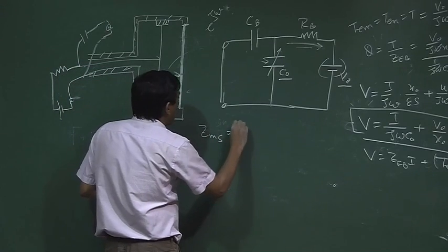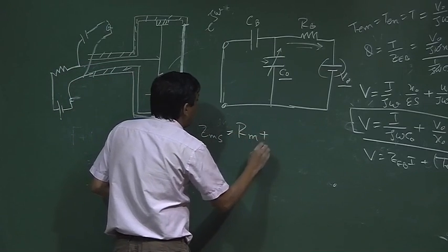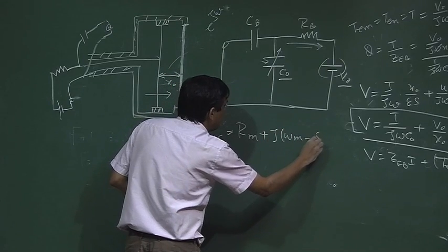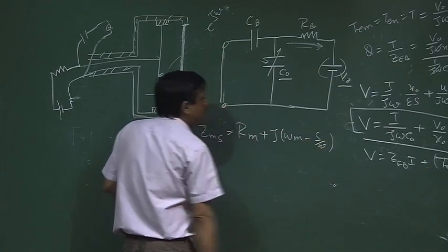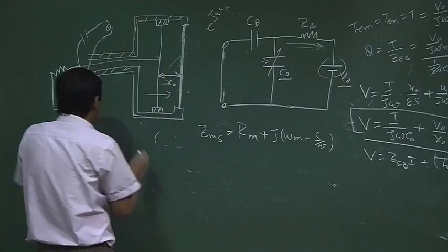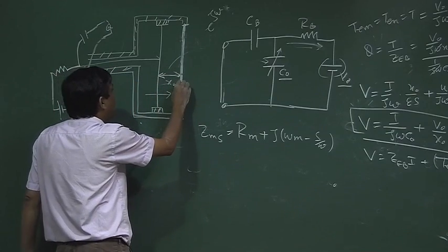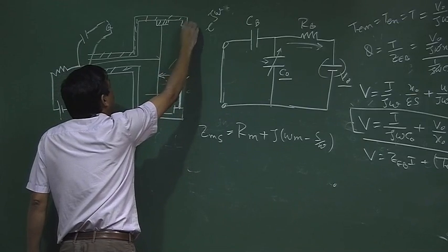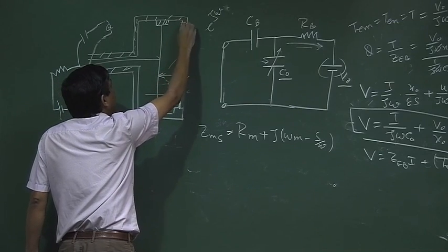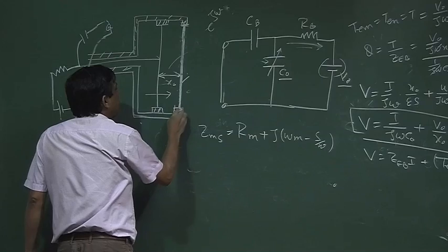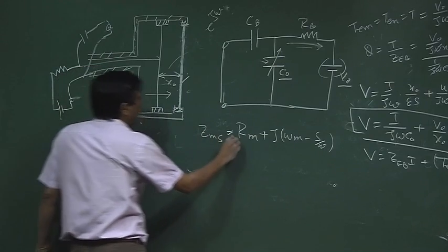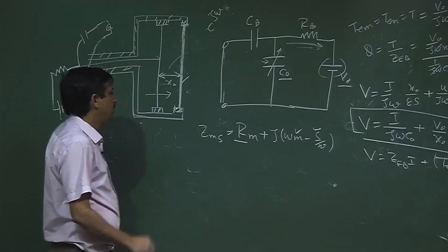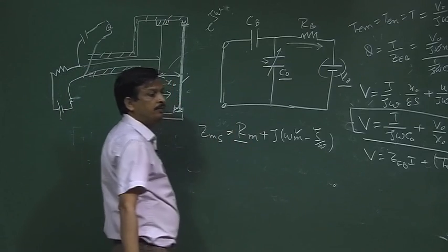So, I can say this is Rm plus j omega m minus S by omega. It is a spring mass system because the diaphragm has a stiffness and a mass, and it is housed with a mechanical resistance. So, the mechanical resistance, stiffness and mass of the diaphragm give ZMS.